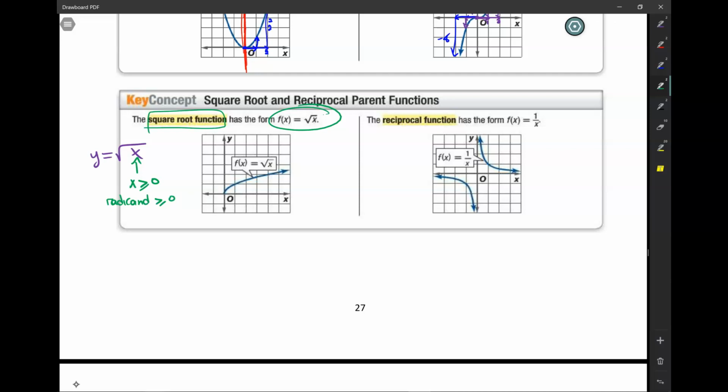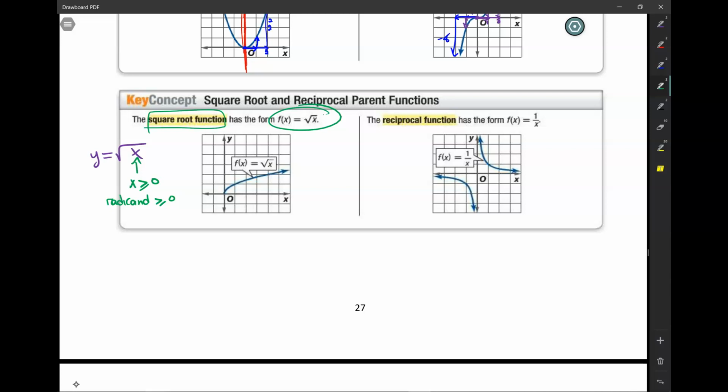Okay. Which means I can't just put any x value in there, can I? Which means its domain can't be all real numbers, can it? Okay. So what values are allowed to go in there? Only those values that will make the radicand greater than or equal to 0.